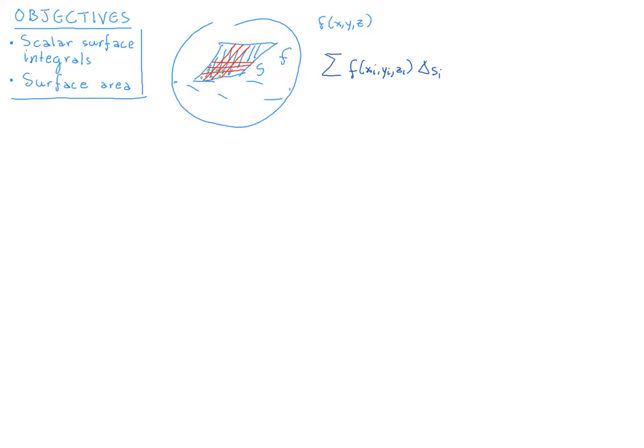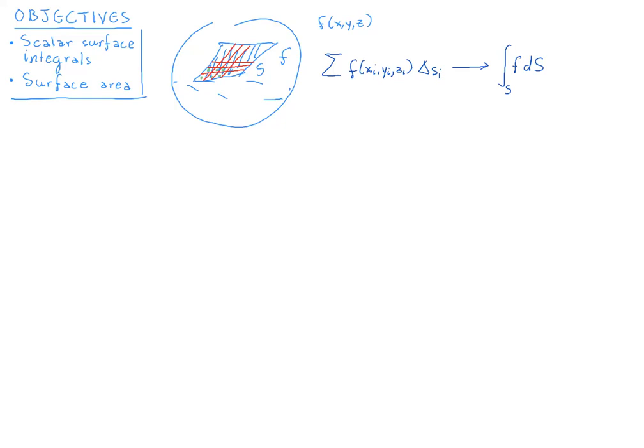As the subdivisions become smaller and smaller, this will tend to a number that we call the scalar surface integral of the function f on the surface S.